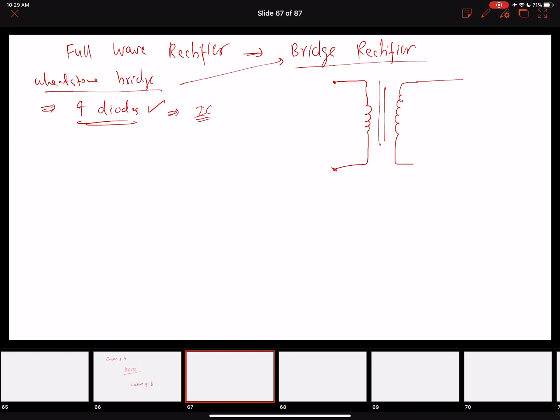Here's one diode, and then here is a second diode, here is a third diode, and here is a fourth diode, a resistor R with output plus minus V naught, and then this is grounded, this is plus minus Vs. And here is our input, AC mains.